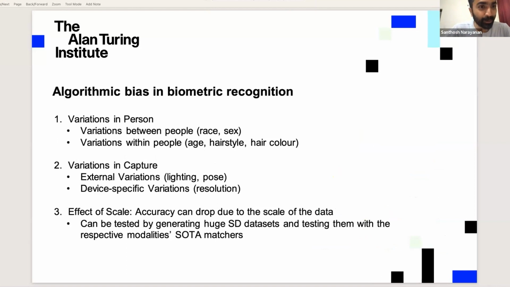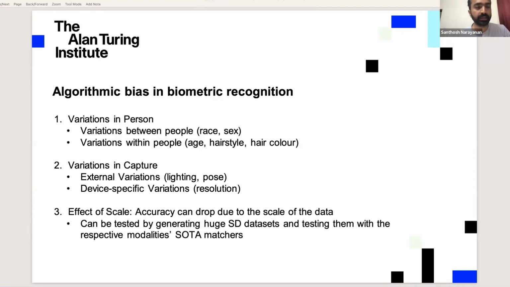Okay, now something that is of keen interest for me, as well as a few others in the team, is what do we do about the algorithmic bias that we have in these algorithms? Here the title of the slide is biometric recognition, but I'm going to take an example of face recognition to talk about the different aspects of facial images that are sources of bias.